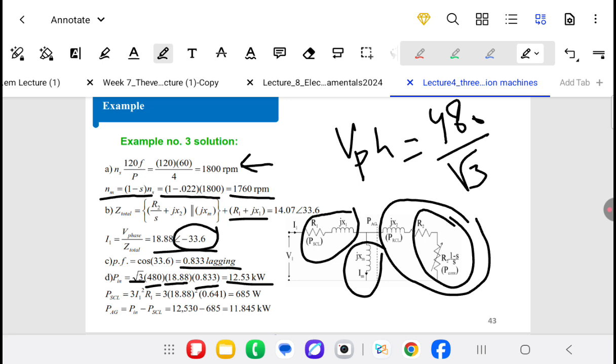The stator copper loss is equal to 3 I1 squared R1, which is 3 times 18.88 squared times R1, 1.641. We have the stator copper losses equals 685 watts.